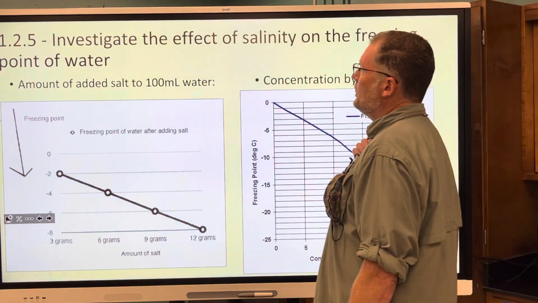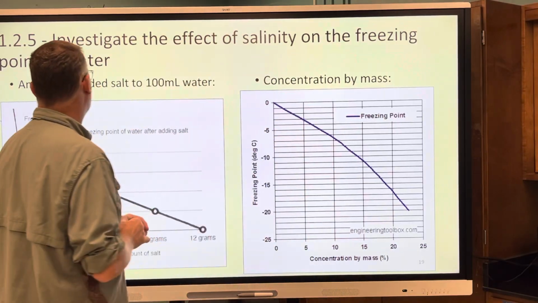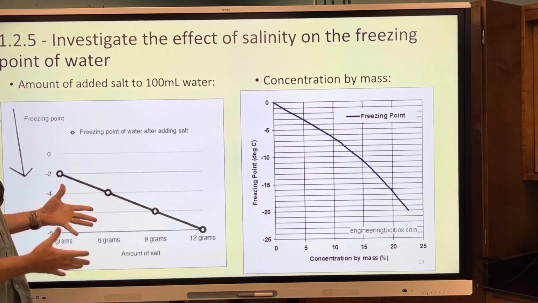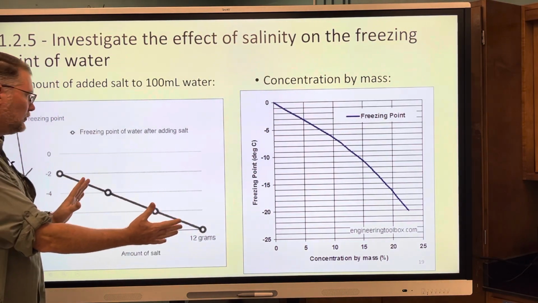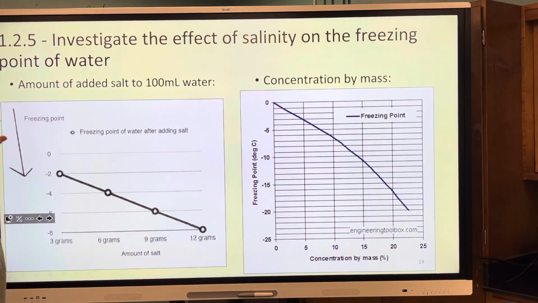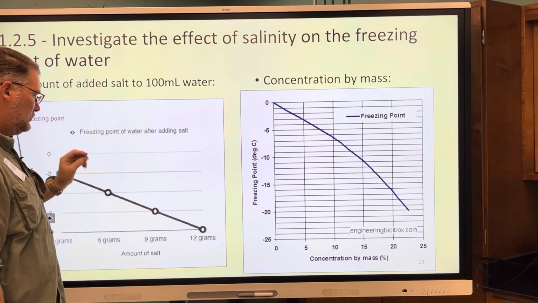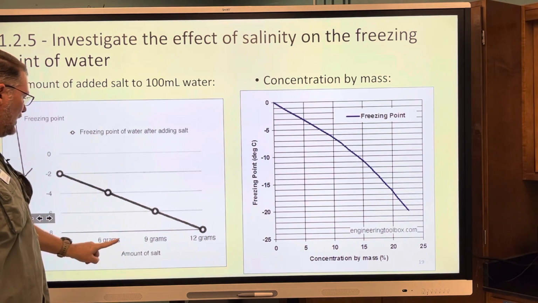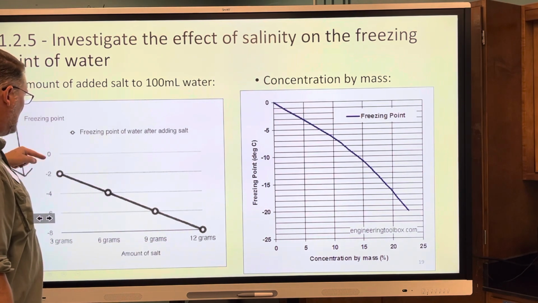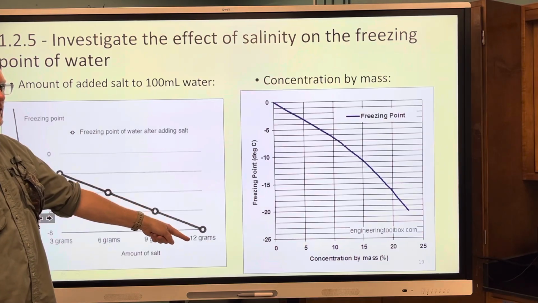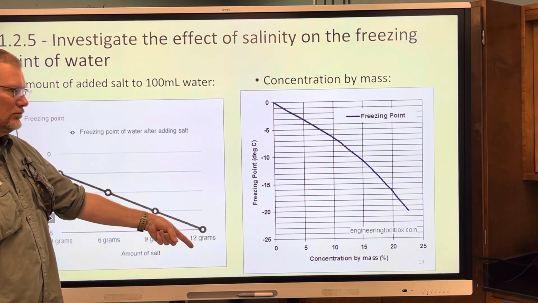Okay, so investigate the effect of salinity on the freezing point of water. Again, a very simple concept, okay? You see that as salinity increases, the amount of salt goes up, the freezing point decreases or gets depressed, okay?